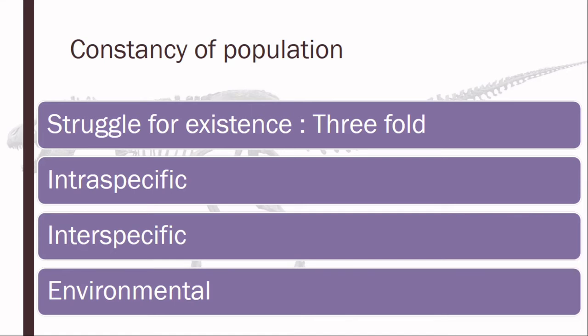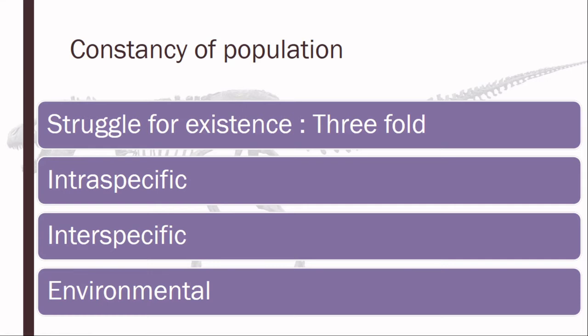Due to this prodigality of the species, the number of individuals within a species increase drastically. And as Malthus told, the resources do not increase in the same proportion. This creates some sort of struggle for existence, and the struggle for existence is of threefold. That is intraspecific, interspecific and environmental. Intraspecific struggle is the struggle that occurs between the members belonging to the same species.